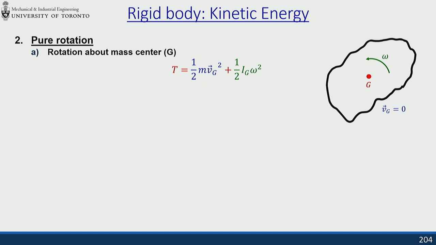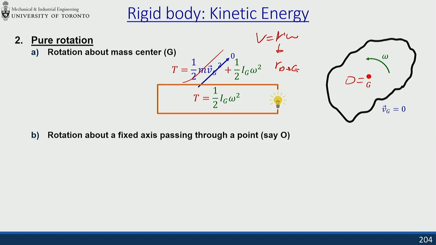So the gravitational center, in this case, overlaps with the axis of rotation. When that happens, because v is equal to r omega, and the distance r from O to G is going to be 0 because you overlap, then your half m vg squared becomes 0. Then you're left with only the rotation aspect, which is our half Ig omega squared.